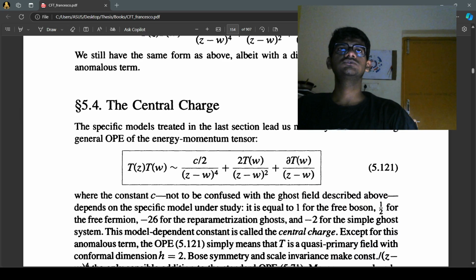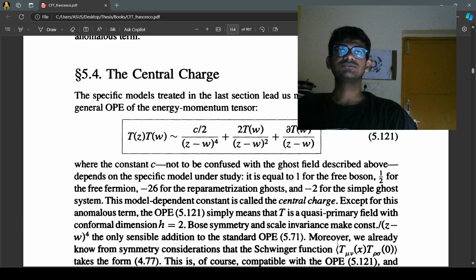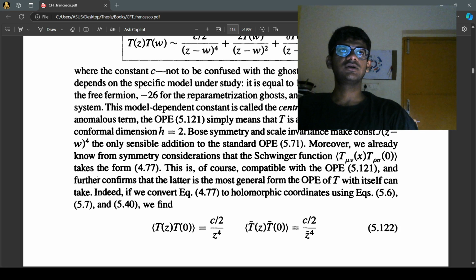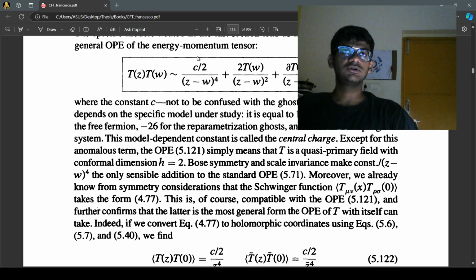Okay, so you sort of expect this factor actually from considering the singular function, where you can evaluate the fourth order pole residue, if you call it. The coefficient, you see, the singular function has this factor of c by 2, and moreover the symmetries say that it has to drop as z to the power 4, right?